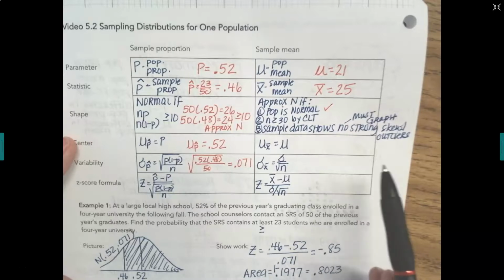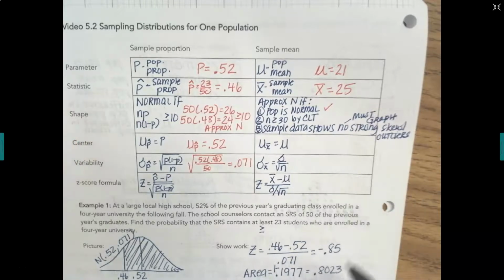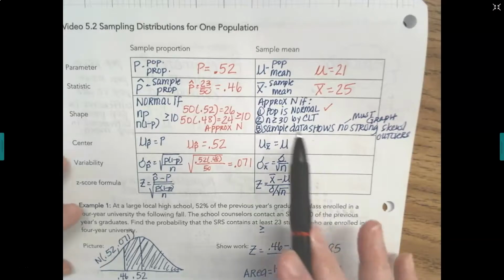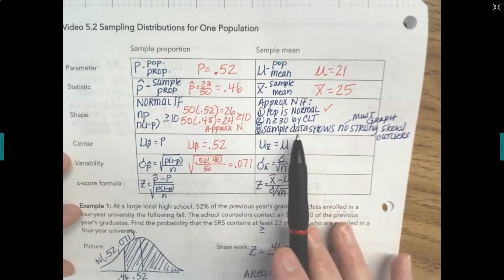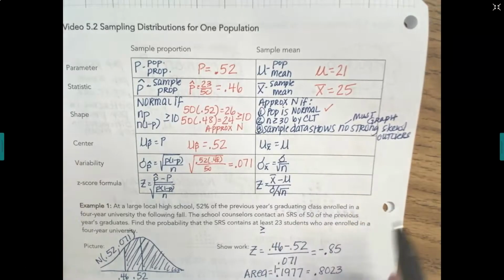We would have been okay if we didn't know about the population, well, we wouldn't have been good. We only have a sample of 5 test scores. So we couldn't have done the CLT because our sample size was too small. So we would have hoped for the data so we could draw a graph and see if there's any strong skew or outliers.